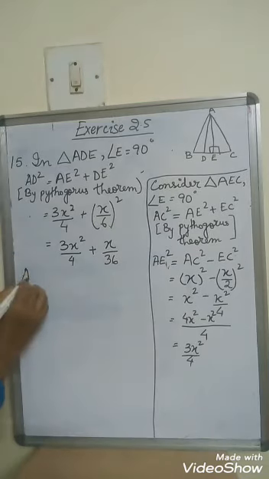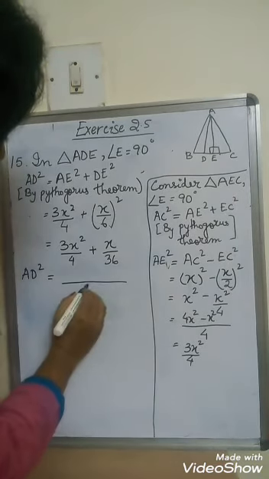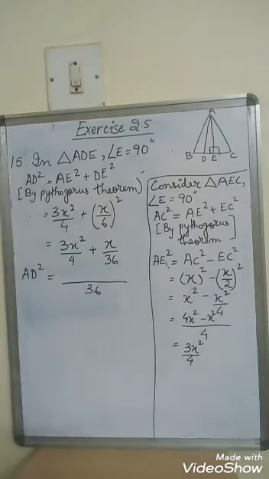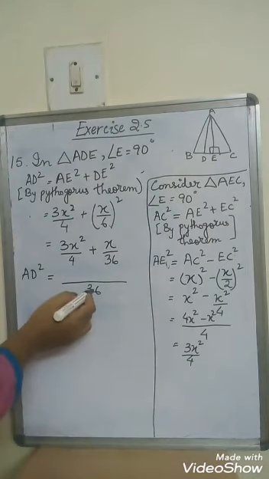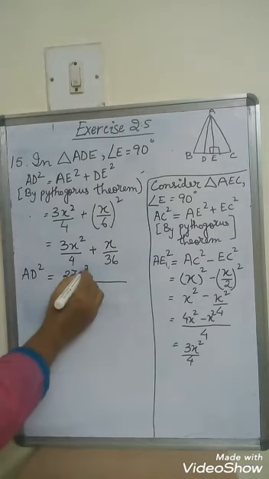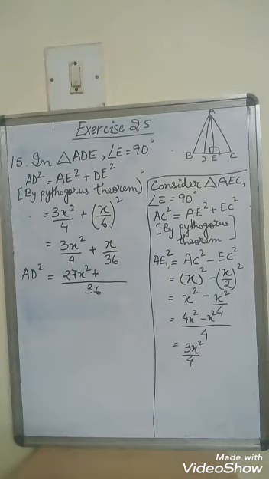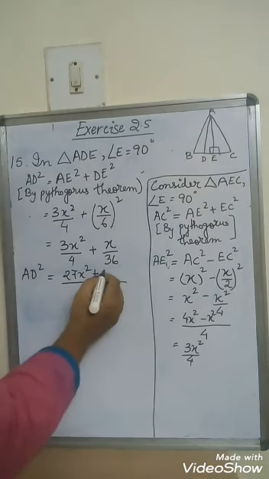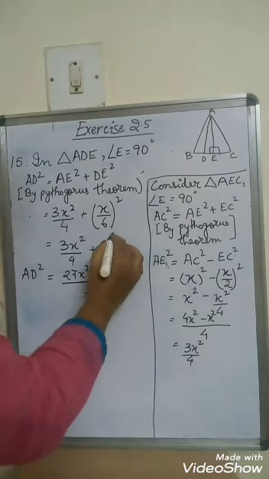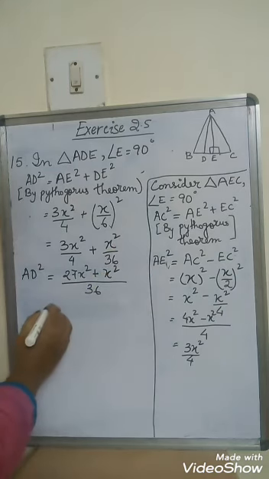Now AD square will be equal to, find the LCM. The LCM will be 36. So 4 9s are 36, 9 into 3 is 27X square, plus 36 1s are 36, so it will be X square.